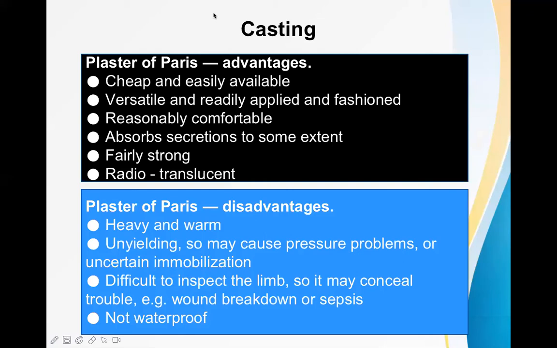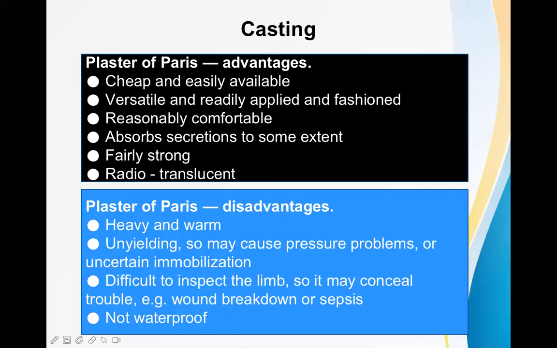Now let's move further. What are the advantages and disadvantages of a plaster of Paris cast? Now see here, the advantages of plaster of Paris would be it is quite cheap and easily available everywhere. It can be bought everywhere. Wherever the fracture occurs, it can be bought and used in the patient.